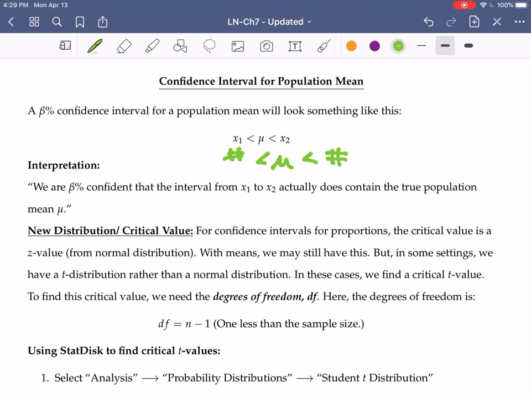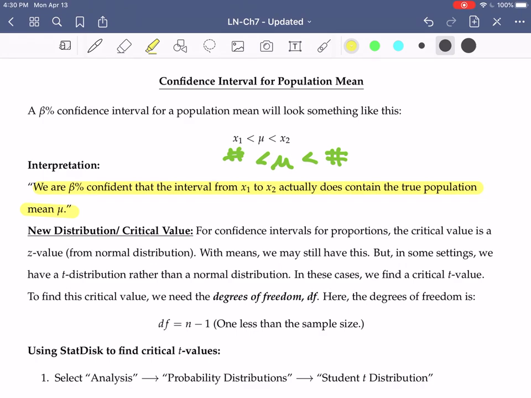So when we calculate a confidence interval, our interpretation is we are beta % confident that the interval from x1 to x2 actually does contain the true population mean mu. That mean is somewhere. We don't know whether or not our interval contains it. It is our confidence.